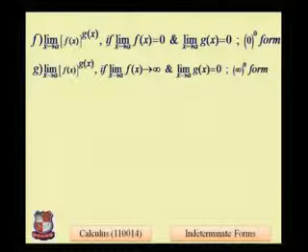So these are the functions in which we cannot find the limit at a given limit point, which leads to undetermined forms like 0 by 0, infinity by infinity, 0 into infinity, infinity minus infinity, 0 raised to 0, 1 raised to infinity and infinity raised to 0.